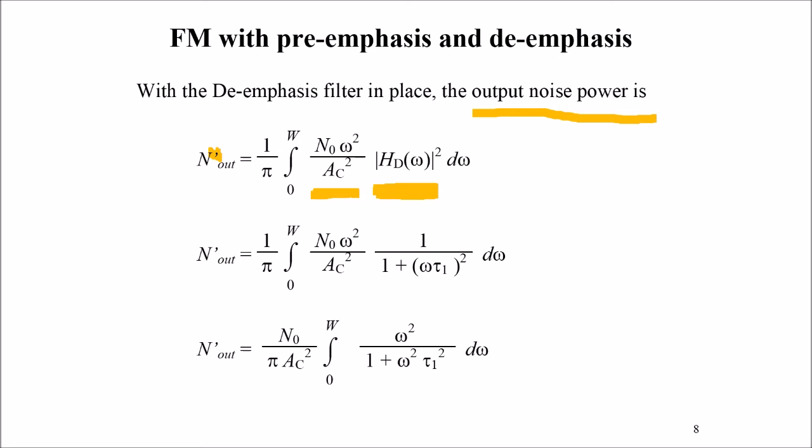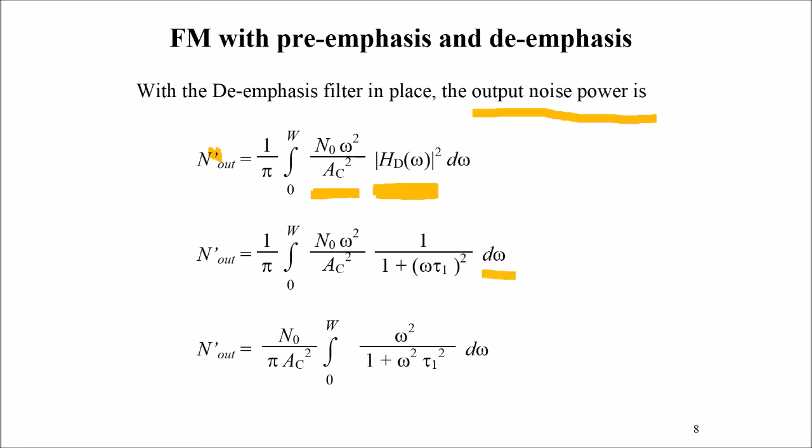The magnitude squared of the de-emphasis filter is 1 in the numerator, and then the real part squared plus the imaginary part squared in the denominator. So that's 1 squared plus omega times tau 1 squared, and we're integrating with respect to omega.